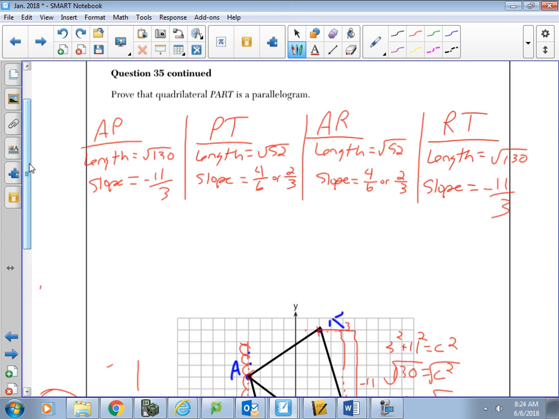AP and RT. So they have the same slope. AP and RT. That means they're parallel. So we can say that AP is parallel to RT because they have the same slope.